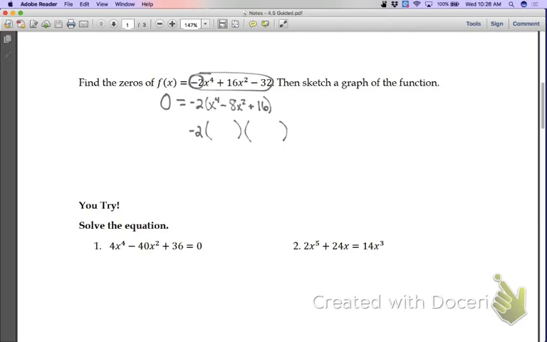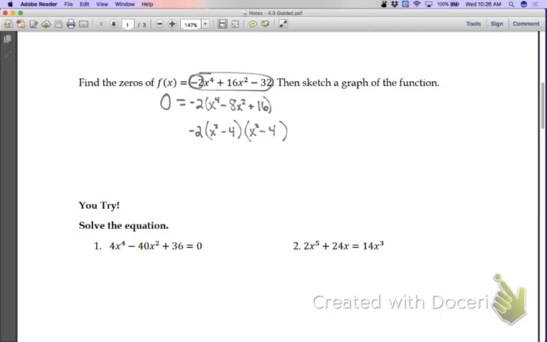What's going to be the first term in each parenthesis? X squared and x squared. So two numbers that multiply together to give me positive 16 and combine to give me a negative 8. Negative 4 and negative 4.